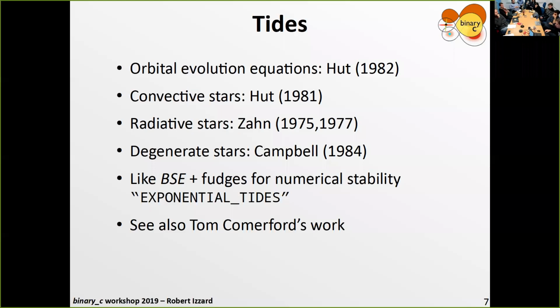It's a little complicated, but it's quite a standard way to fix very nonlinear problems like this. The reason is that BSE, and indeed the standard way of running binary_c, uses a forward Euler solver, which is not the most stable when you have very large derivatives. I'll talk about the solvers a little bit later, because that's something we've worked on a lot this year. Tom's also been working on tides in the context of triples, so I thought I'd mention that he'll talk about that tomorrow as well.